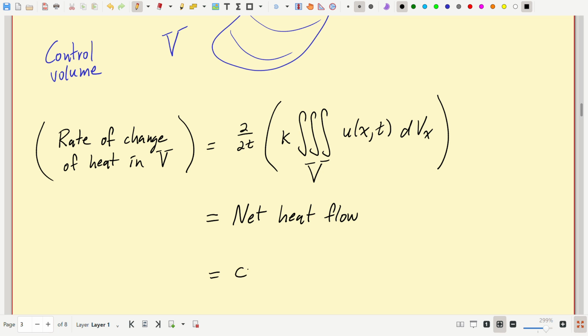And when you start thinking about those kind of things, you realize that that's equal to, using Kelvin's law on an infinitesimal, the surface here would be an S. That's the surface of V. This would be the integral about the surface, a 2D integral, of the gradient of u dotted with the normal vector times the element of area.